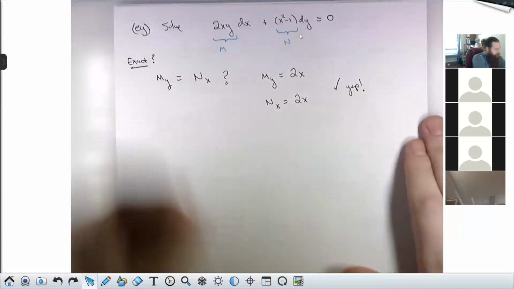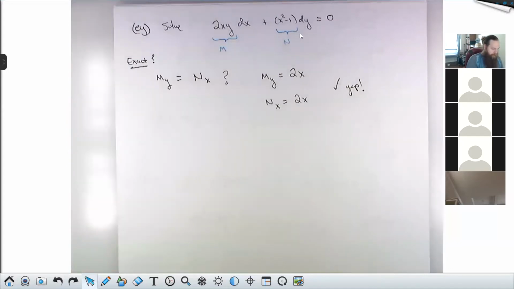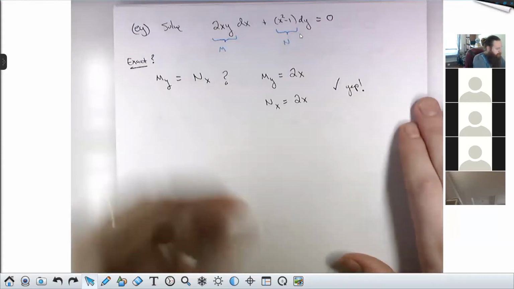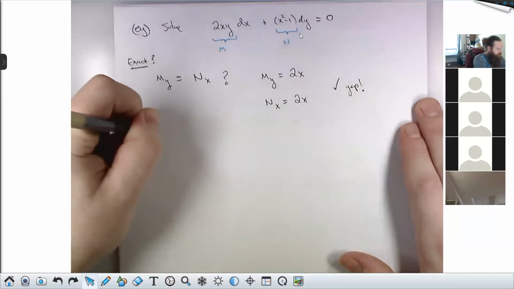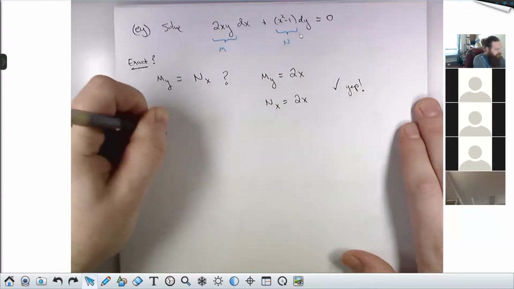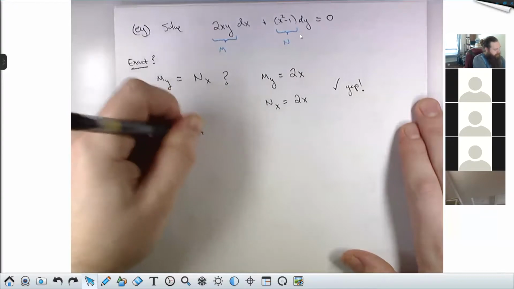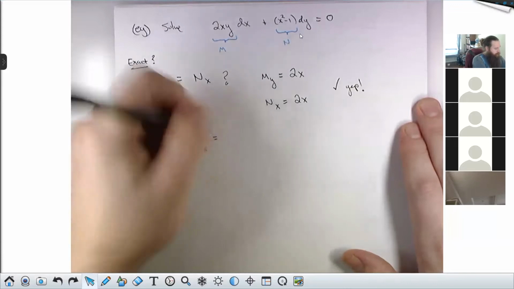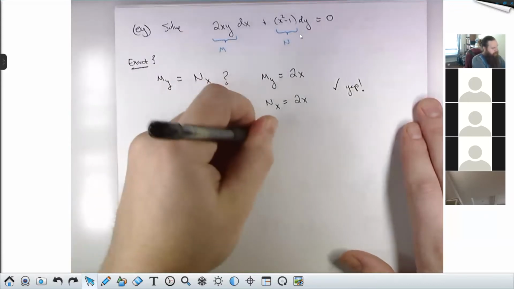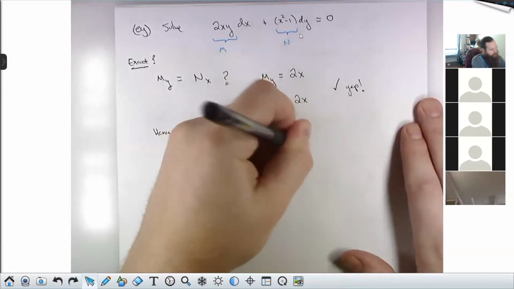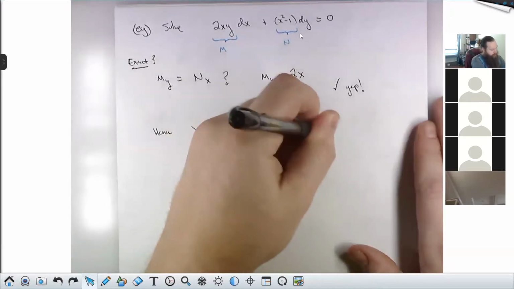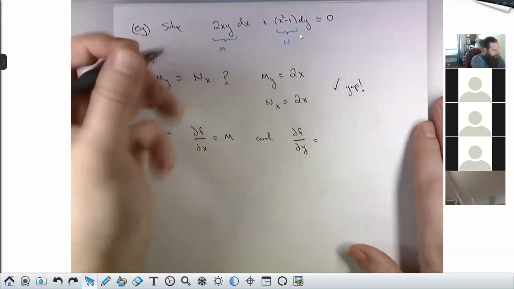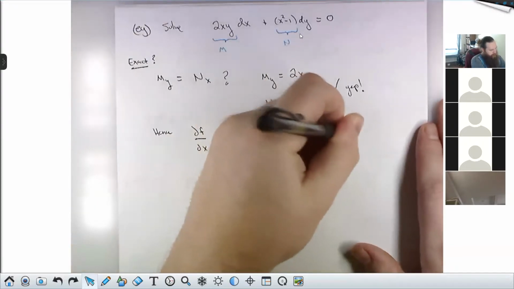So the big idea then is that I can recover my function by integrating each of m and n with respect to the appropriate variable. So in particular, the way we're going to do this is hence df dx is equal to m, and df dy is equal to n, for some function f.